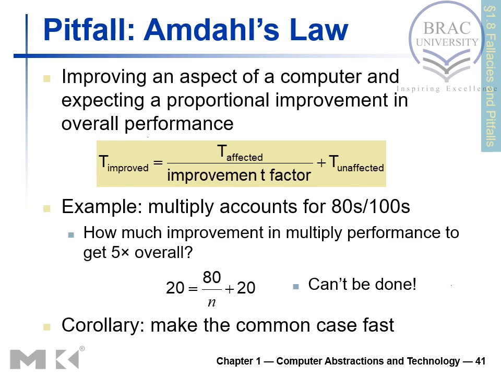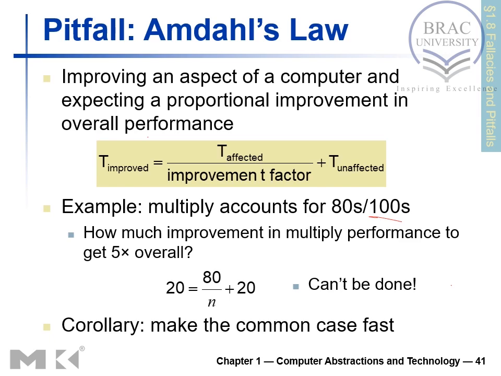So how much improvement in multiply performance do we need to get 5 times overall performance? So how much improvement do we need to do in the hardware so that we could get 5 times the performance? We require 100 seconds for this multiplication.